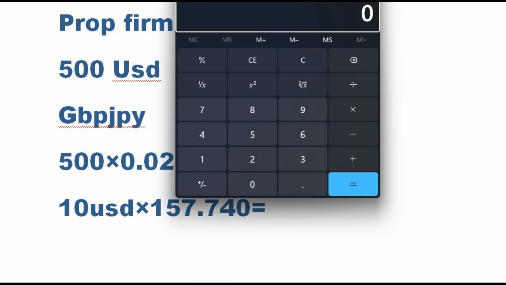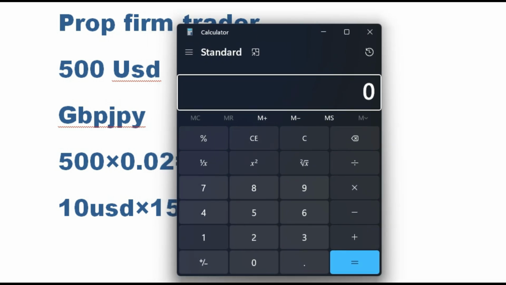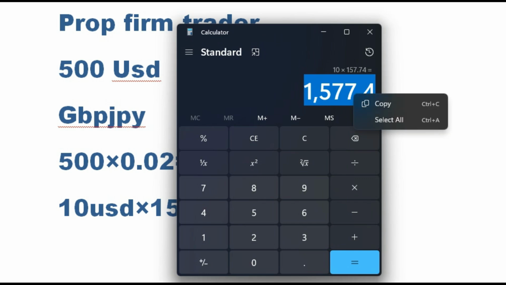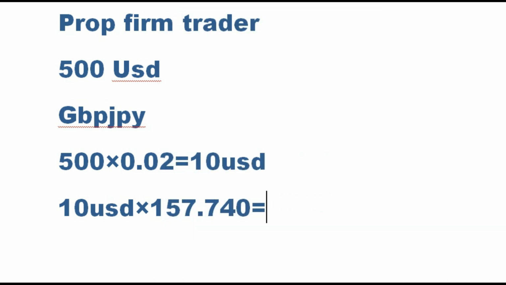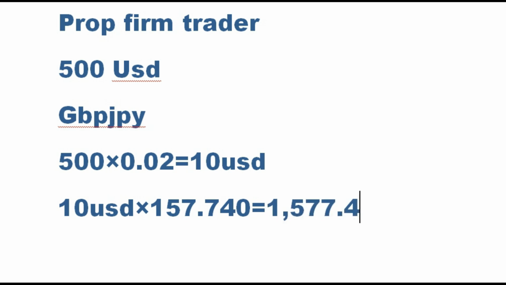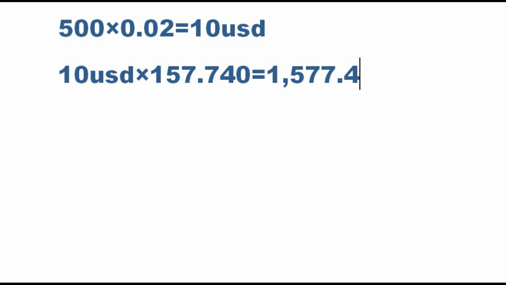Here we are: $10 times 157.740, and we get 1,577.4. Therefore, this is the amount in Japanese yen, converted.